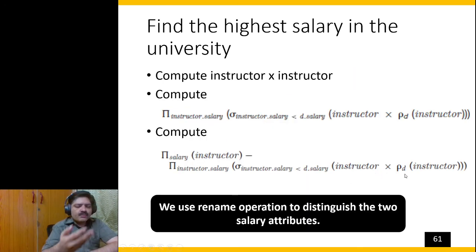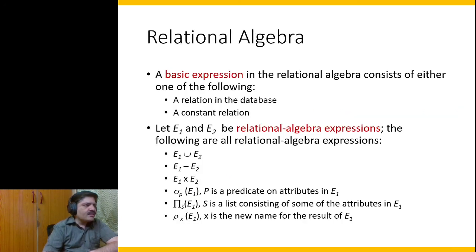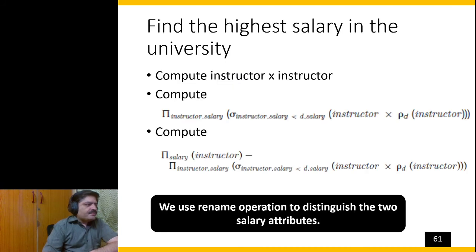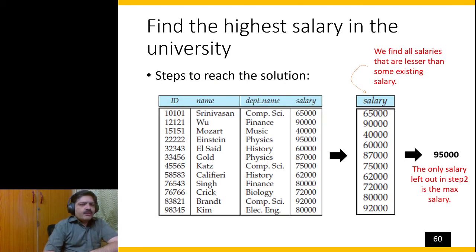So I hope now it's clear to you why we would use a rename operation. Many of you might wonder why we are doing such a convoluted way of finding the max salary.